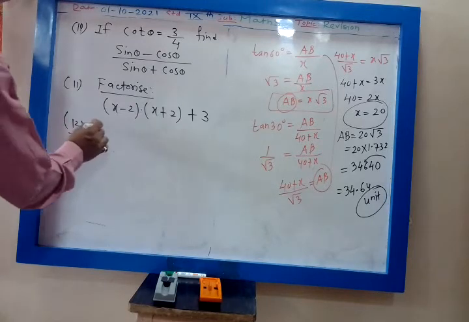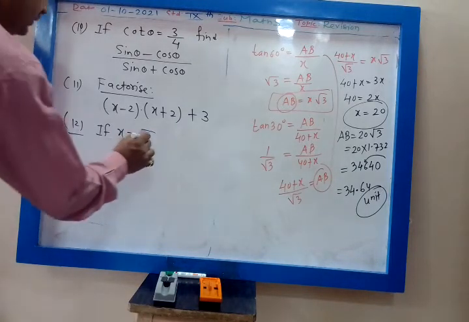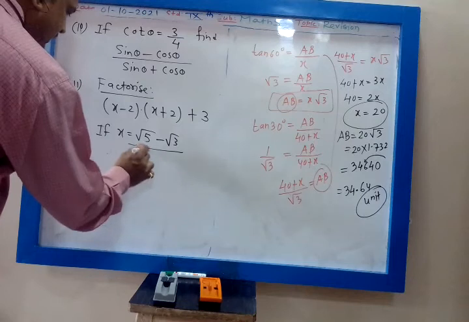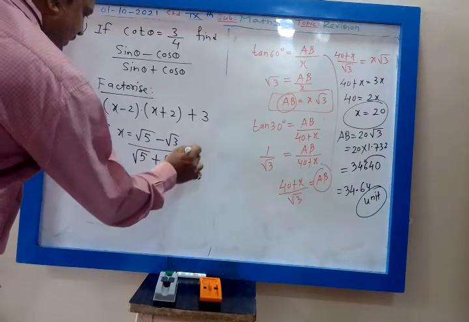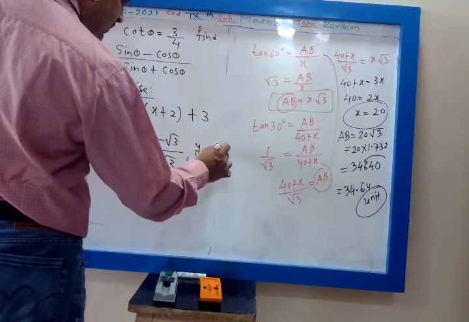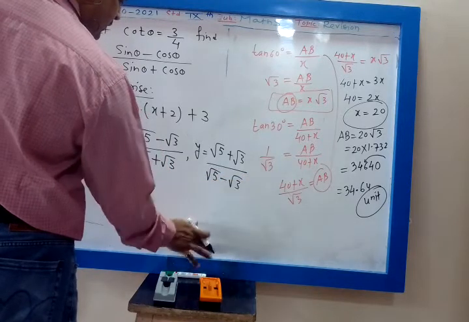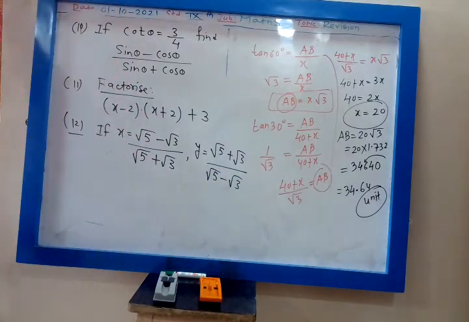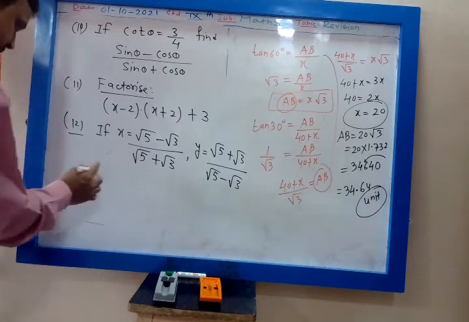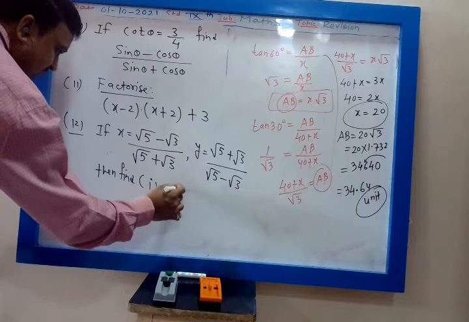The things are not difficult. If x is root 5 minus root 3 upon root 5 plus root 3, and y is root 5 plus root 3 upon root 5 minus root 3, then find: first, the value of xy, x into y.